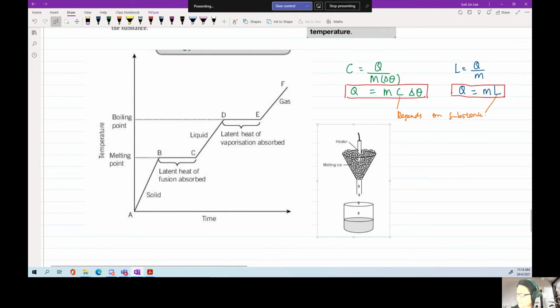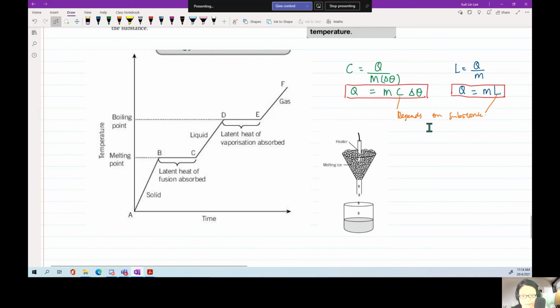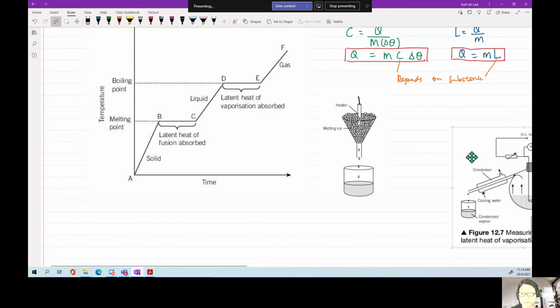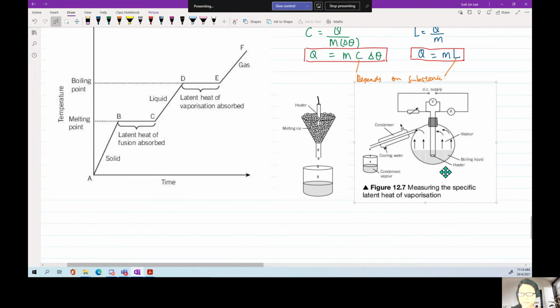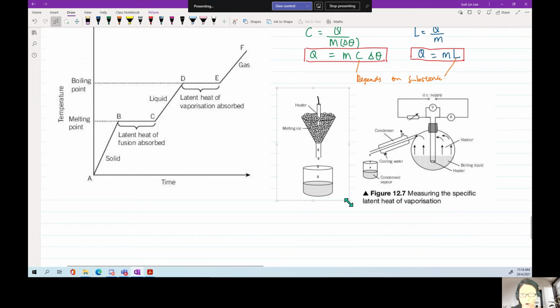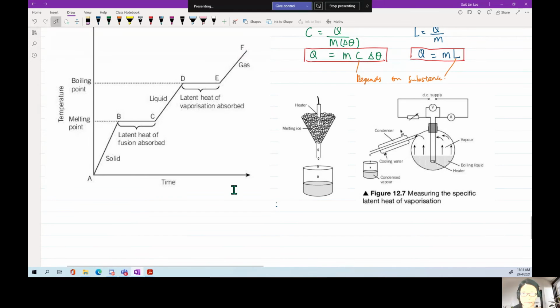So it's a heater, and then sometimes we'll put it inside a condenser if you want to measure the specific latent heat of vaporization. Notice that they are all connected to a circuit. This thing is to measure the specific latent heat of fusion because you are melting ice.